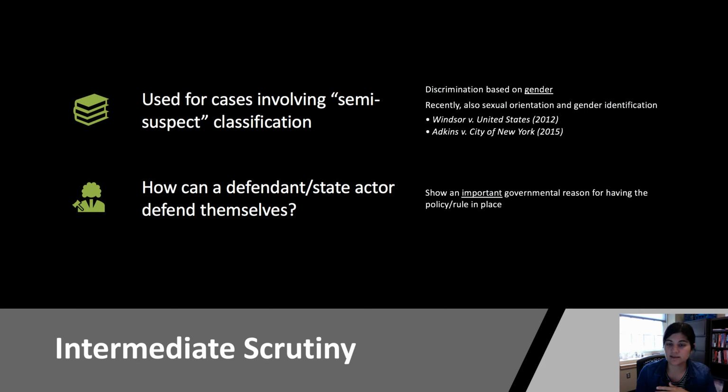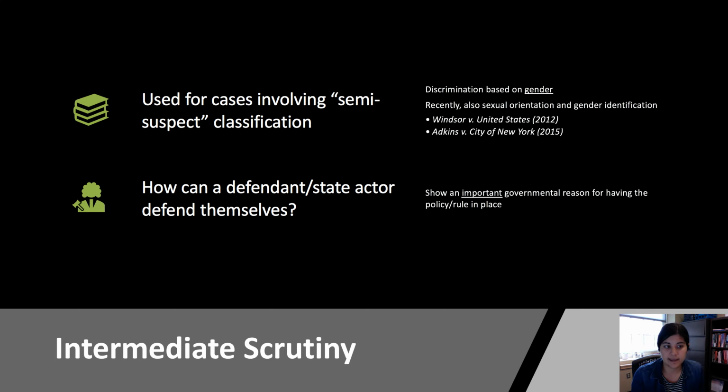These recent cases are adding groups of people to be considered under intermediate scrutiny. So now it's not just discrimination based on gender, but cases involving discrimination based on sexual orientation or gender identification could also be viewed at this level based on those prior cases.